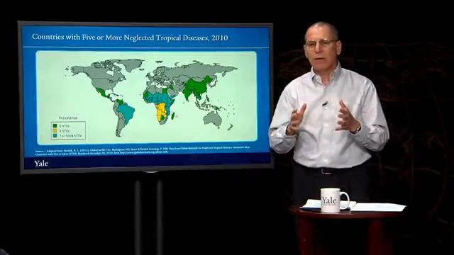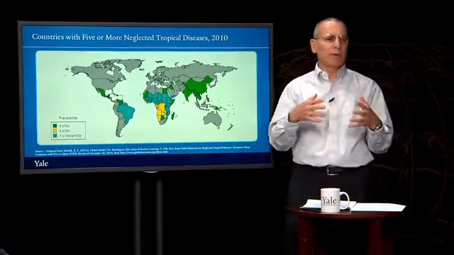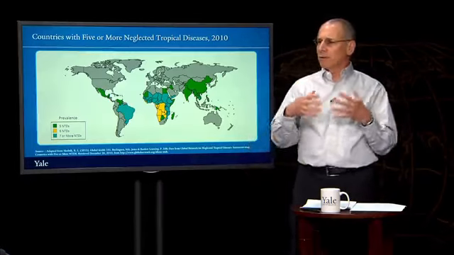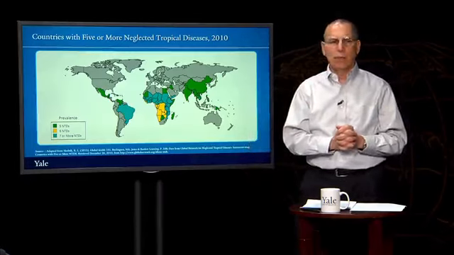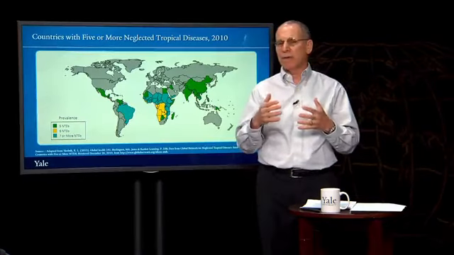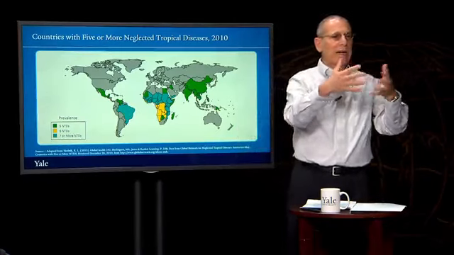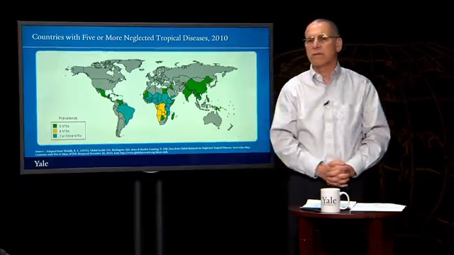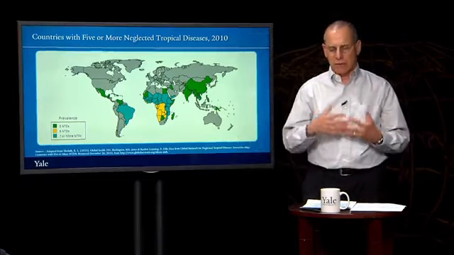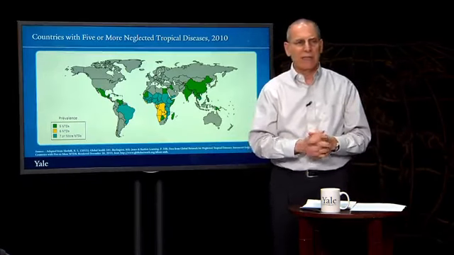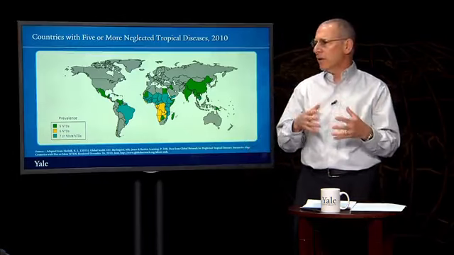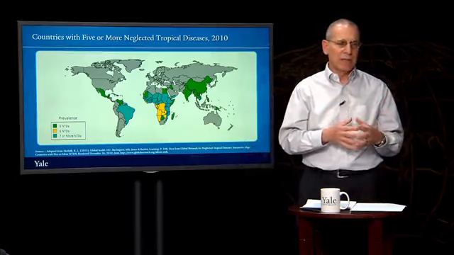Now, there are a number of reasons why the neglected tropical diseases have been so-called neglected. One of them is they affect such poor people who are often, forgive my saying so, out of sight and out of mind by other members in society. But two, another important one is that these diseases aren't very often associated with deaths.